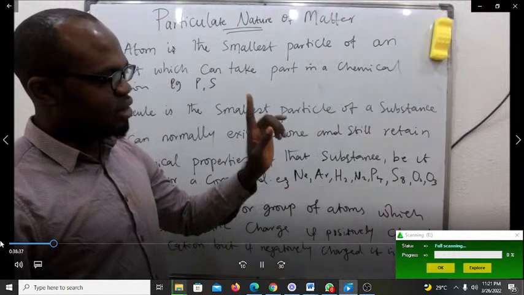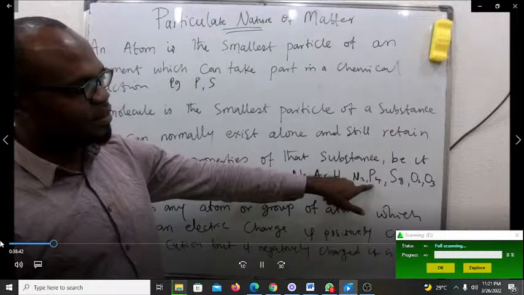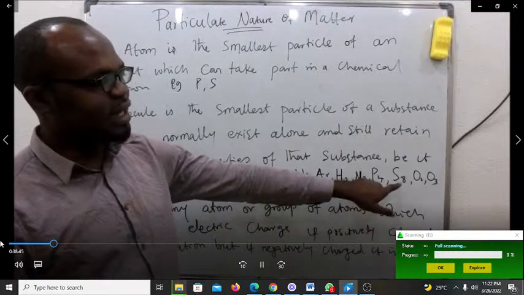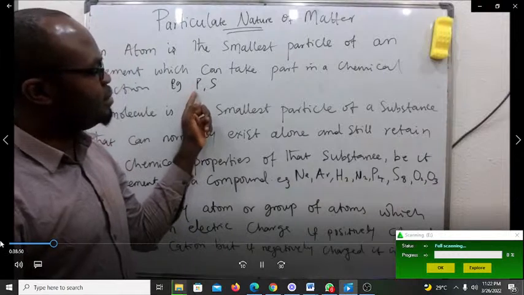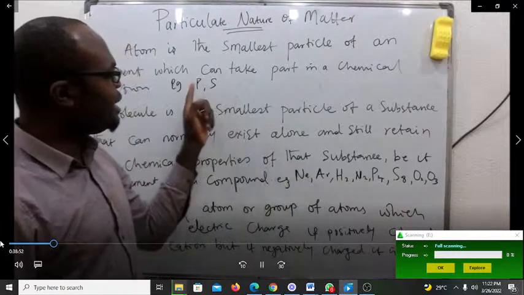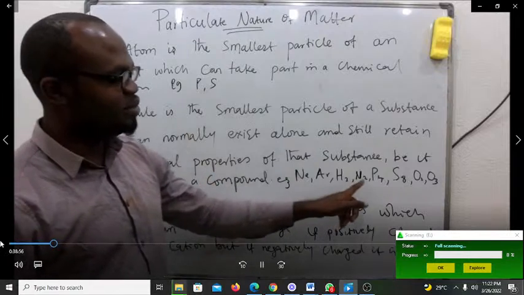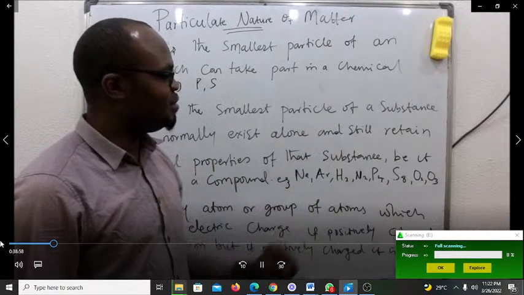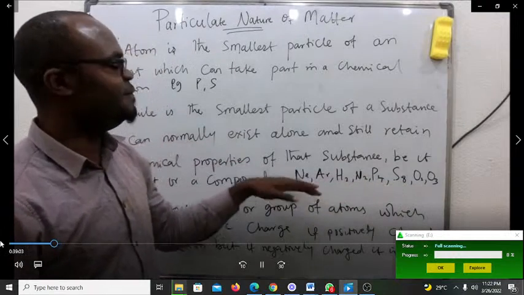Like here, the atomicity is 4. Atomicity here is 8 because there are 8 atoms in one molecule. All these are molecules. But atom, the difference is that an atom is just 1 single atom, but for a molecule, it could be more than 1 atom. And these molecules can exist alone. You can see them in nature alone.